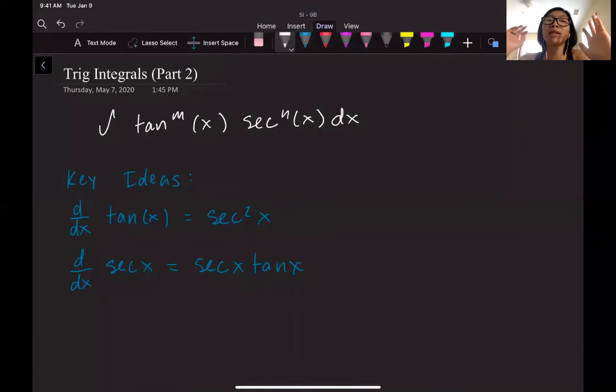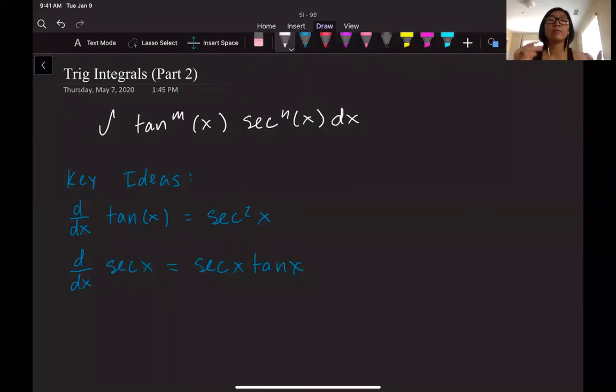So either everything is going to be tan of something to some power, or everything is going to be secant of varying powers. But we want them to either all be tan or all be secant, right?